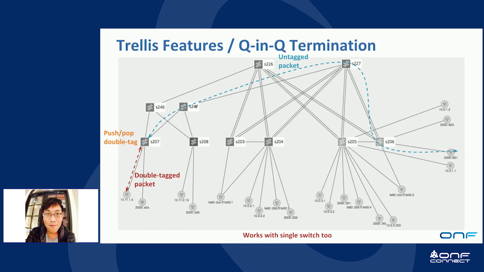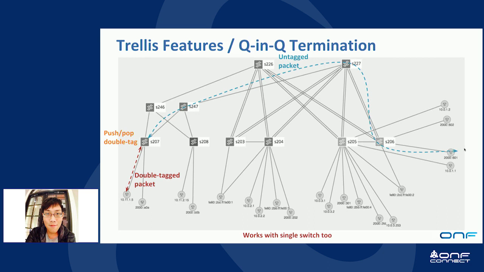So this untagged packet would just simply get routed according to its destination IP address. So let's say this user is trying to access the internet, you just get routed through 206 and to the upstream router. For downstream, it's very similar.